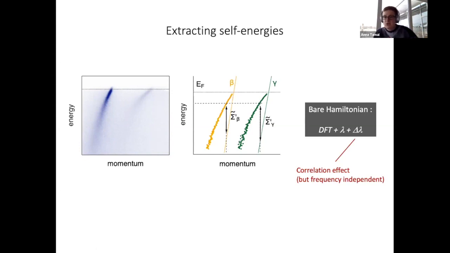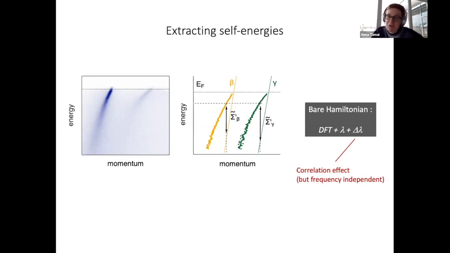This is a standard procedure which is done in many ARPES studies. The peculiarity is that as a bare Hamiltonian, we consider the DFT plus SOC band structure with enhanced spin-orbit coupling. This enhancement of spin-orbit coupling comes from correlation, but it's a static term, so it's frequency independent, and therefore it makes sense to use it.